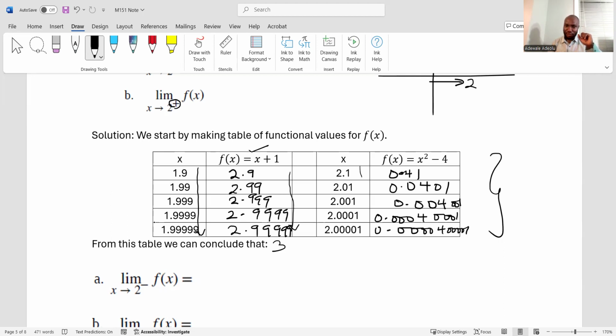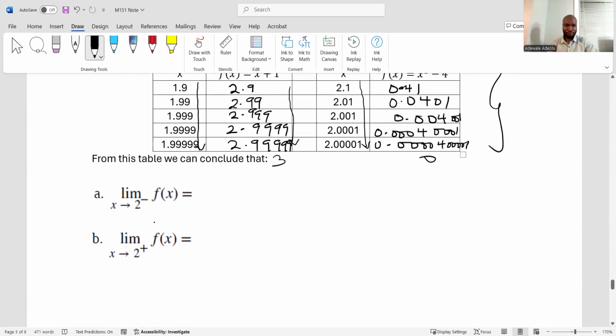And as x tries to get to 2 from the right-hand side, from above, from the positive side, this y value is trying to get to a single number, which is 0, right? Reducing, trying to get to 0. So we can say the answer here is 3 and the answer here is 0.